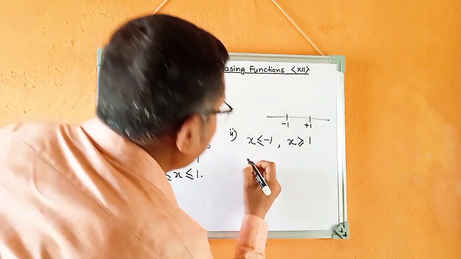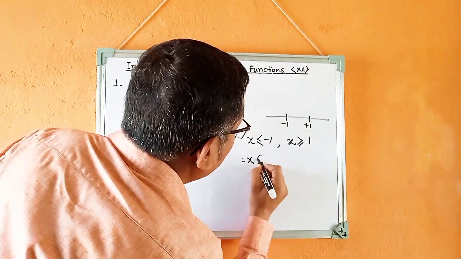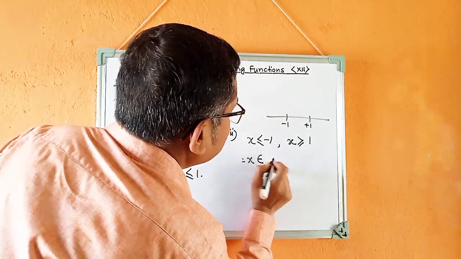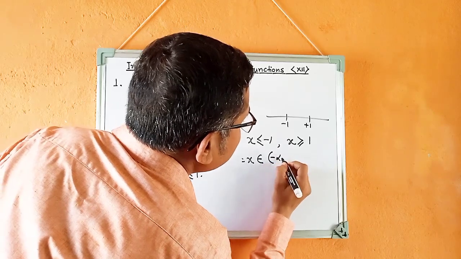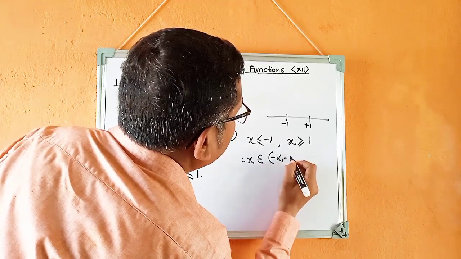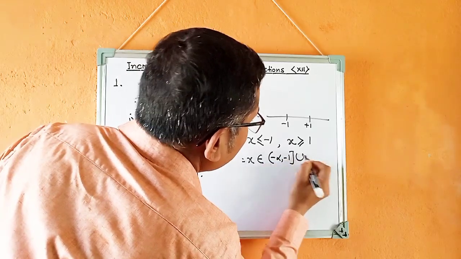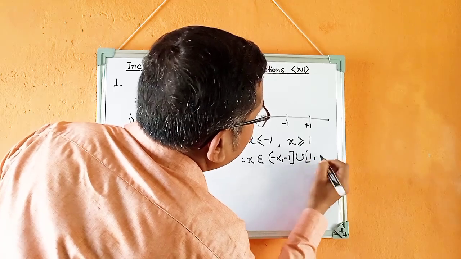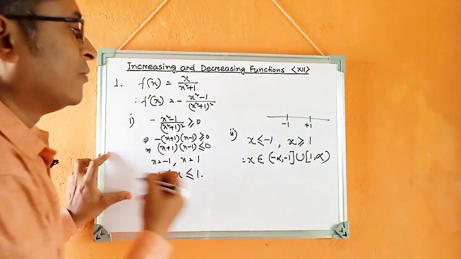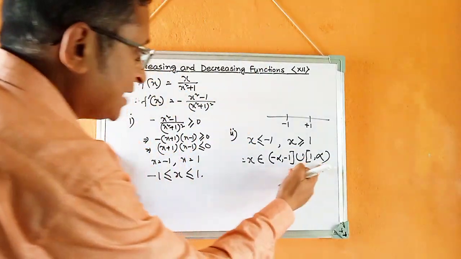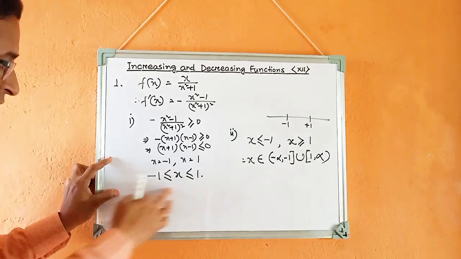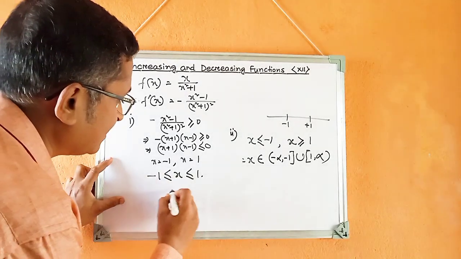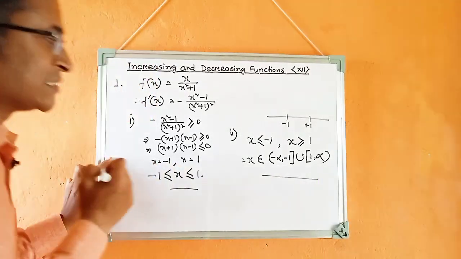So how do we write? x belongs to, see carefully, minus infinity to minus 1 union 1 to infinity. This is the decreasing function range, and this is the increasing function range.